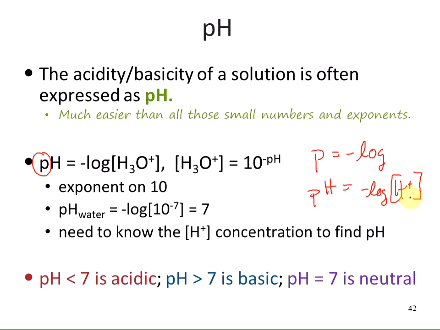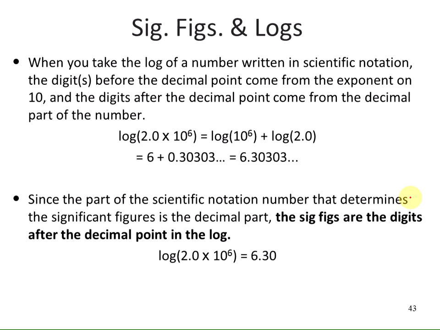So I'm going to take a little bit of time to discuss significant figures and logs. When you take the log of a number written in scientific notation, the digits before the decimal place come from the exponent on 10, and the digits after the decimal point come from the decimal part of the number. So if we're looking at this here, we're looking at taking the log of 2.0 times 10 to the 6th. And that is the same thing as saying log of 10 to the 6th plus log of 2.0. When we do this calculation, we get 6.3030.